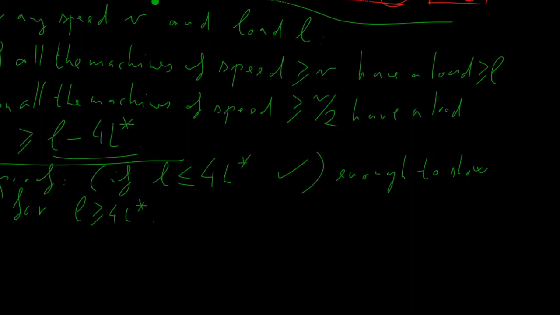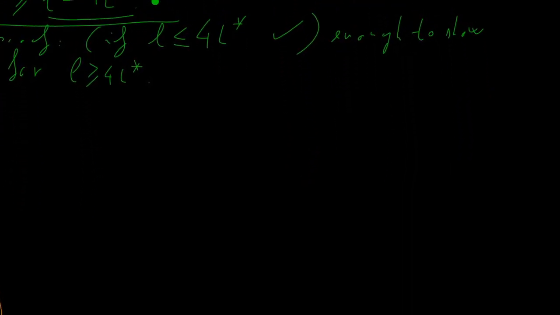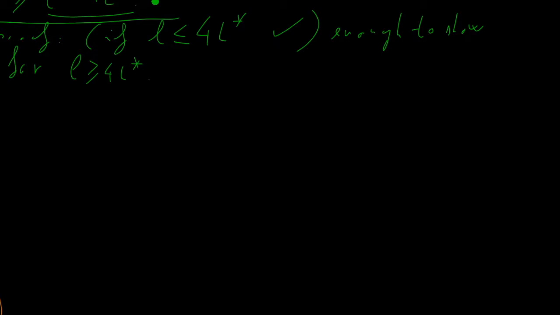Okay, and again I will draw a picture, an image of a possible schedule according to the list algorithm. So these guys will be the fast machines. Fast machine means in this context that the speed of the machine is at least v.